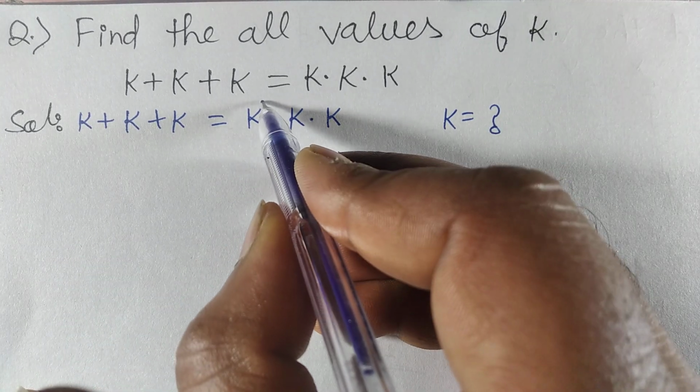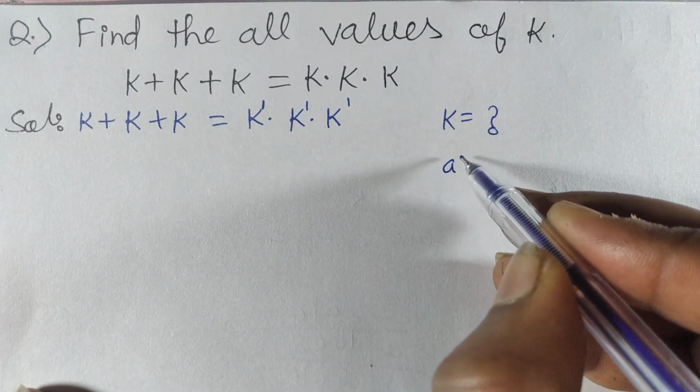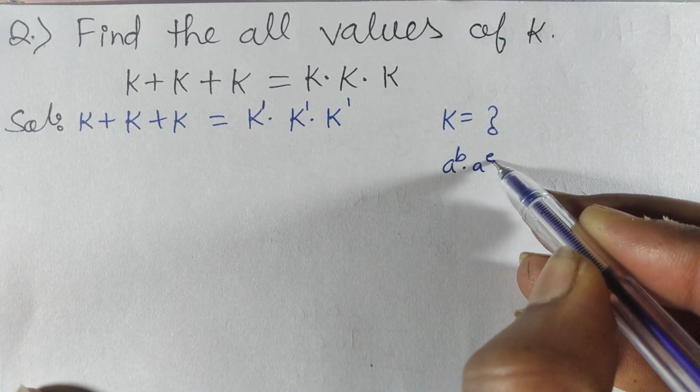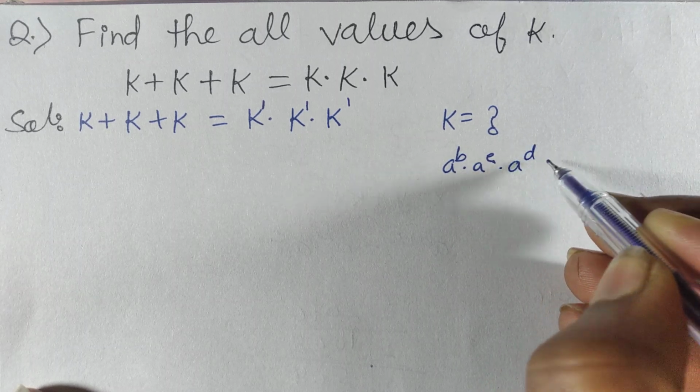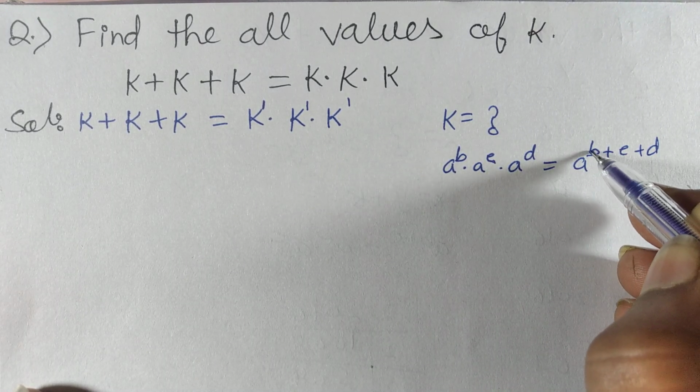Here the default exponent is 1. By the Euler rule, a to the power b into a to the power c into a to the power d is equal to a to the power b plus c plus d.